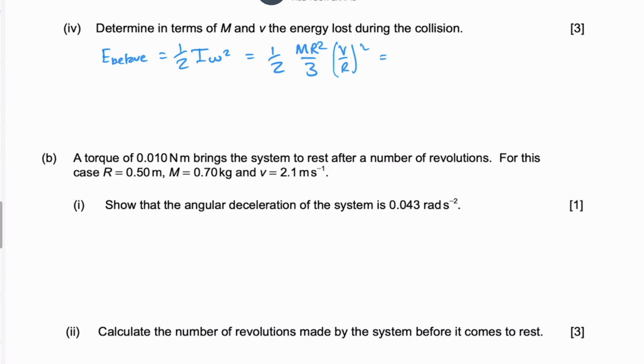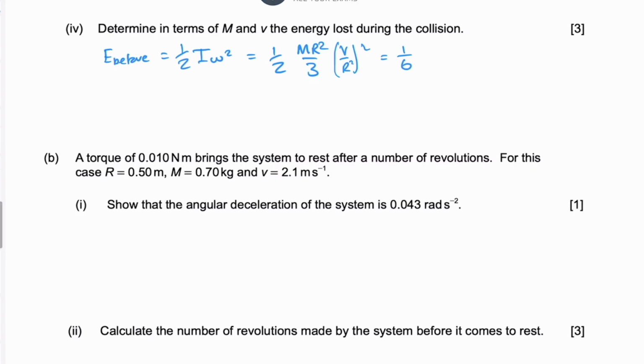We want to simplify this down now. A half times a third is a sixth. The r squareds will cancel. What we have is mv squared. So the EK before is equal to 1/6 mv squared.